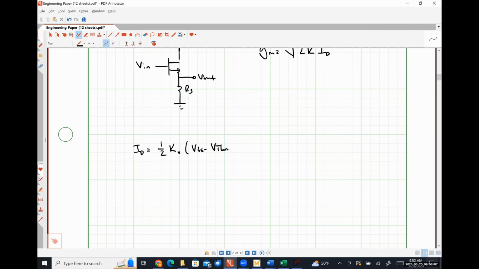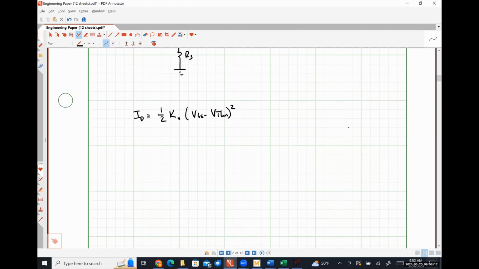VGS minus VTHN squared, where channel length modulation is neglected, right?